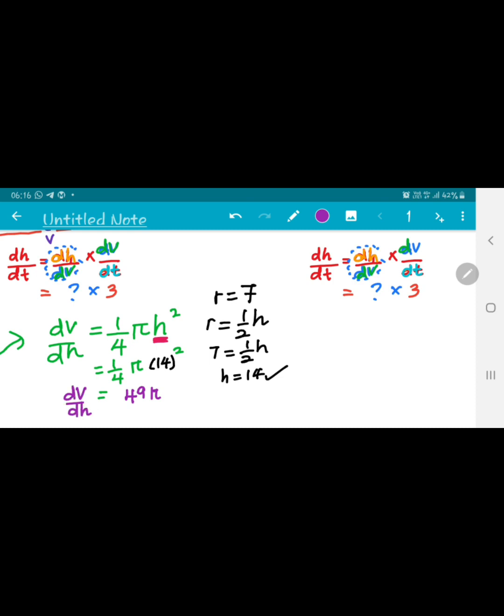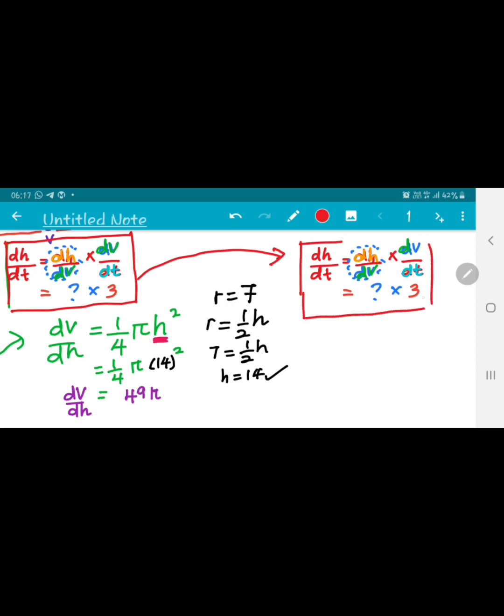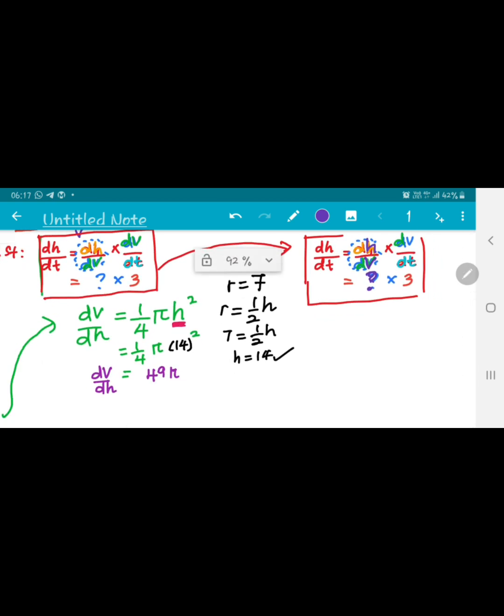But just now, kita nak masukkan dalam formula ni tadi, this one. Saya dah bawa ke sebelah, I copy dah siap-siap untuk you. So kita nak masuk kat sini. We want dH/dV, right? But tadi kita dapat dV/dH.